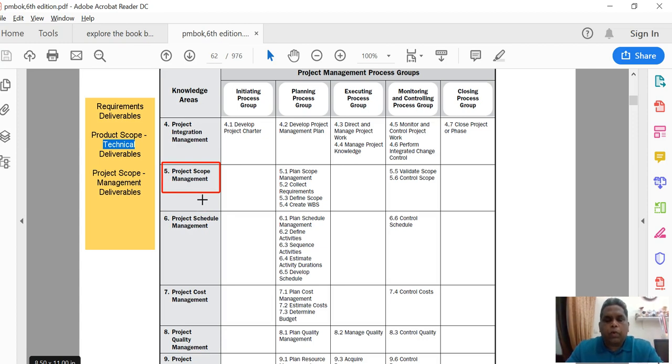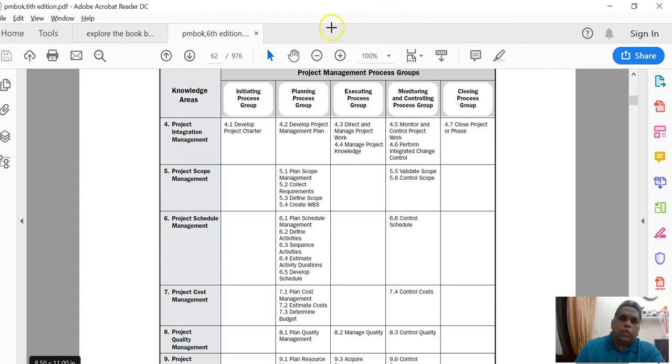When we talk about scope management, seasoned project managers would talk about deliverables like work breakdown structure, requirements documentation, and things of that nature. So the moment you think about scope management, think about making sure that you include your product and your project scope. Moving on to the next area of knowledge, which is schedule management.